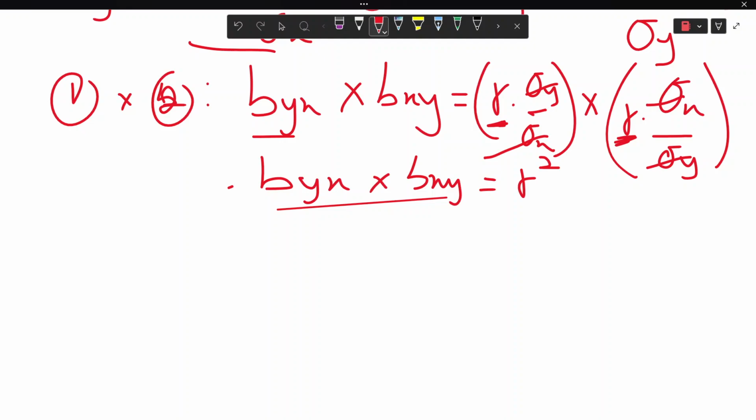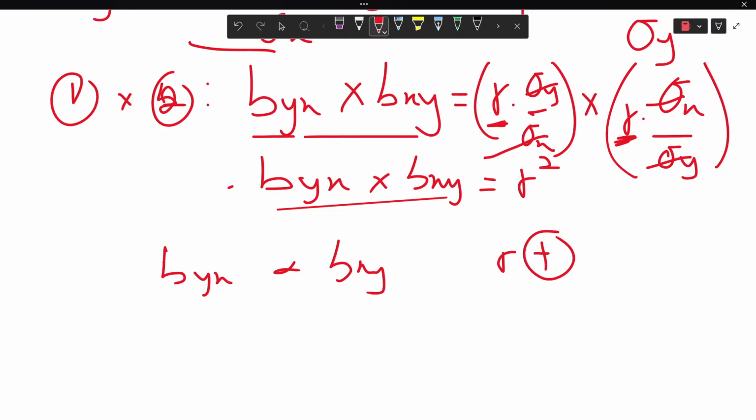If they are both positive, finding your R will be positive. If y on x is positive and x on y is positive, then your R comes out positive because we are going to take the square root of this one to find your R.